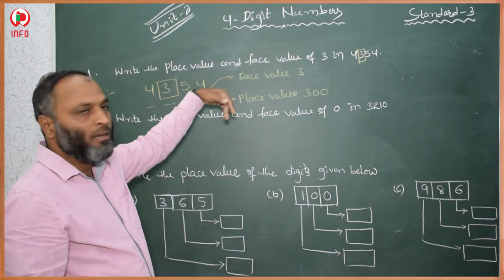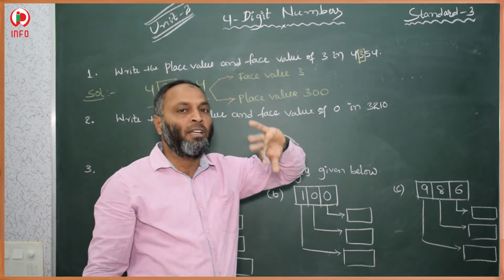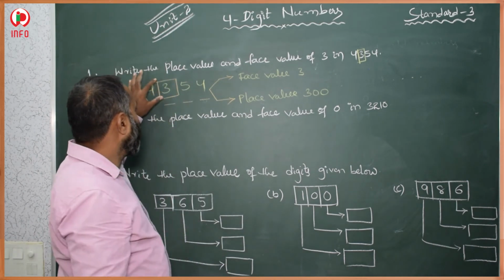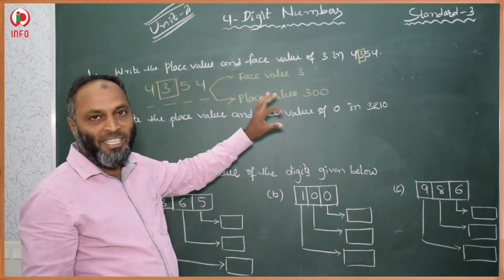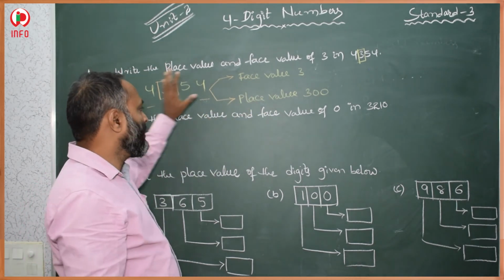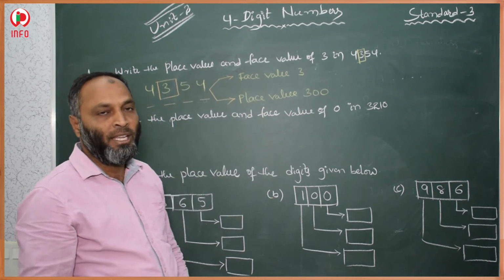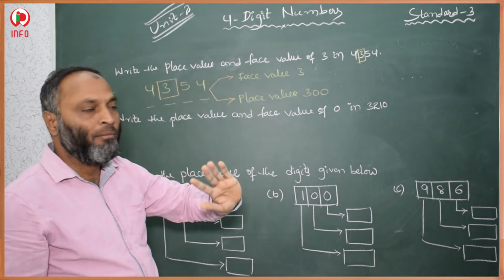So this is the difference. Already we discussed face value, position value and place value. The face value of 3 is 3 only, and 3 is in the hundreds position, so 3 into 100 is 300. This is the place value.